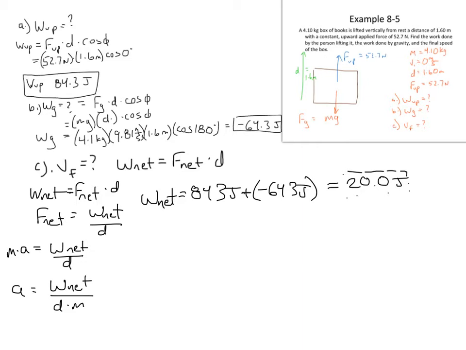So that means we should be able to stick that in here and ultimately solve for our acceleration, which we really want to solve for our final velocity, right? Well, let's go back to acceleration there. What's our relationship between acceleration and final velocity? We know from kinematics that final velocity squared equals v initial squared plus 2 times a times our distance, right? I'm going to write it over here to keep it a little bit different from everything else.